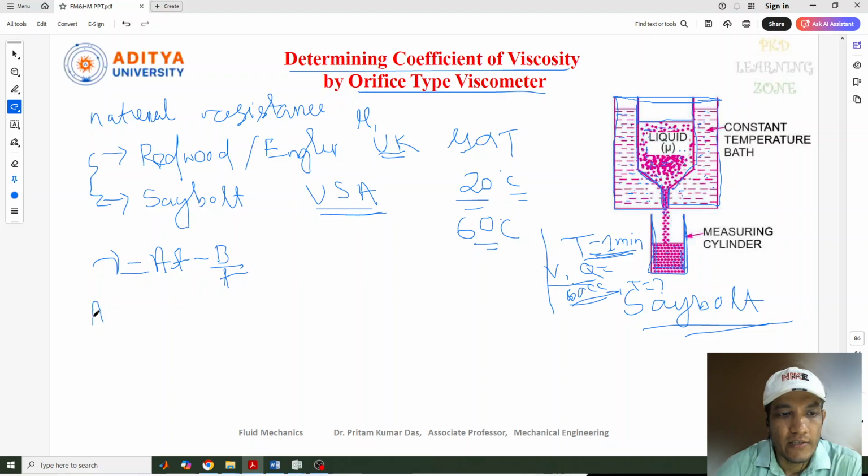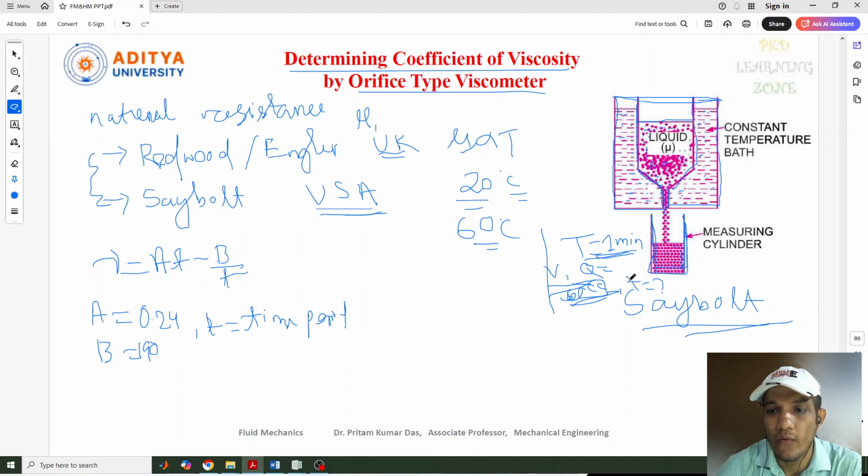Here A is a constant value, 0.24, and B also has a constant value, 190. T is the time period, as I told. So as per the equation, we only need the time period, that is, the time at which the 60 cc is filled.